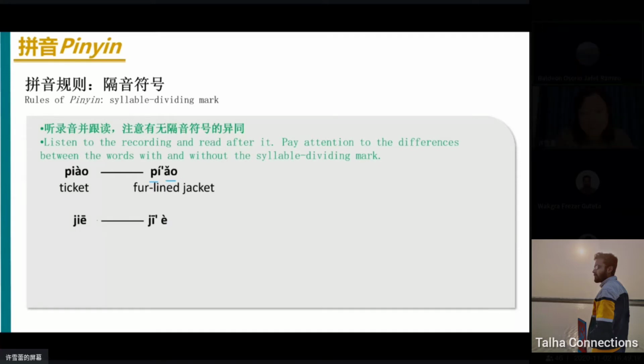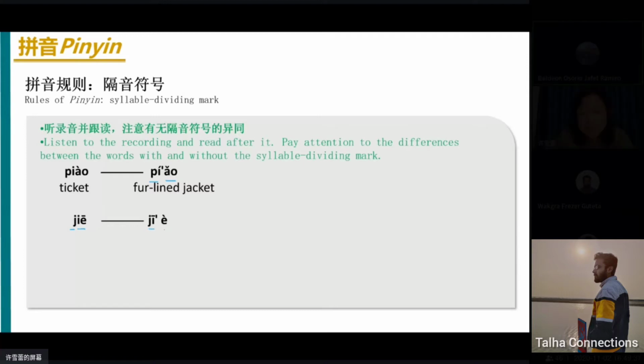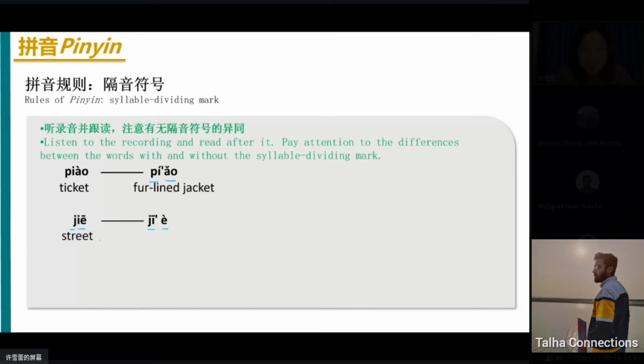Another example here, jiē, 街, right? And for this one, no more one syllable. There are two syllables, jī è, 饥饿, and they have totally different meanings. 街 means street. 饥饿 means hunger, hungry, or starving.